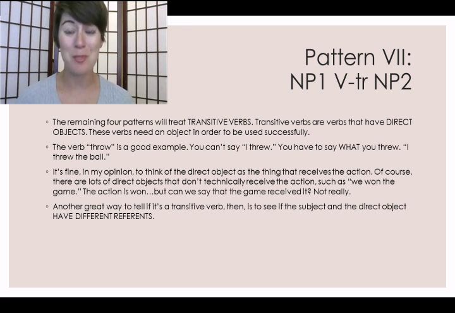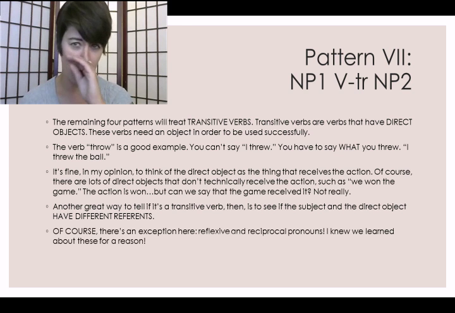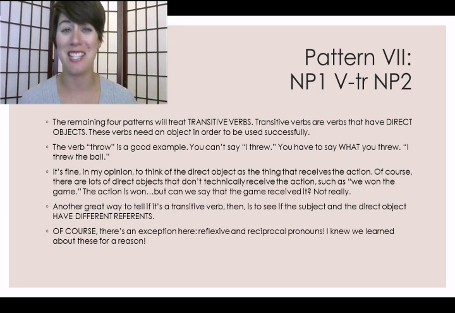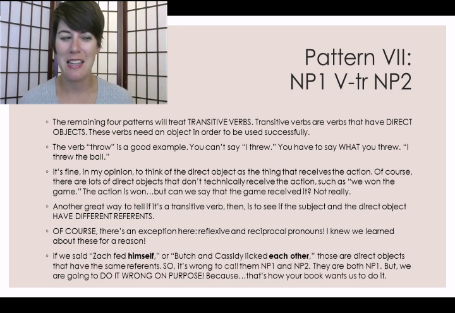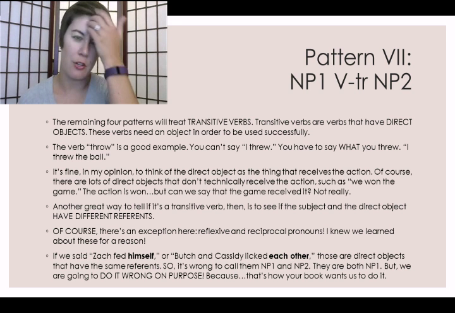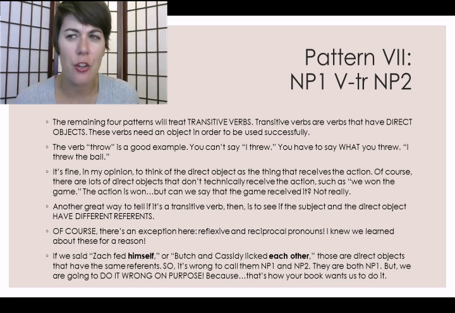Of course, there's an exception here. There's an exception in many of our verb patterns. And the exception here is reflexive and reciprocal pronouns. I knew we learned about these for a reason. So, for example, if we said, Zach fed himself, or Butch and Cassidy licked each other. Himself and each other are the direct objects. They do have the same referent as the subjects, though, don't they?